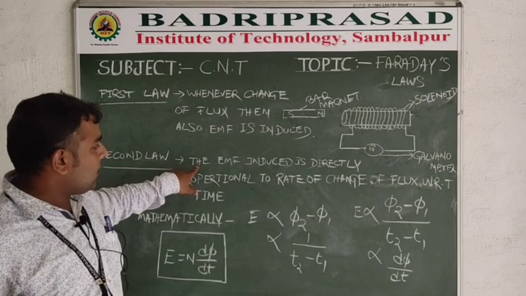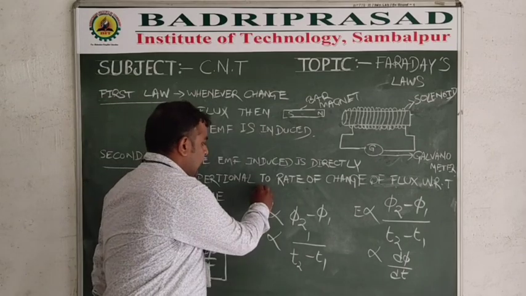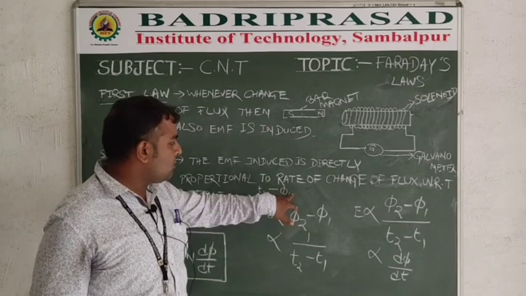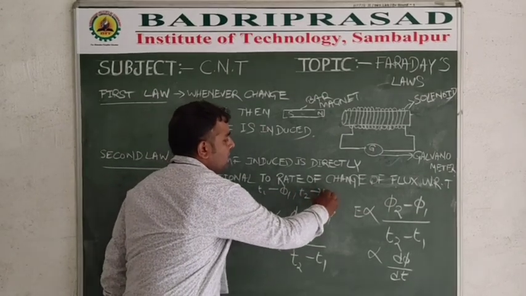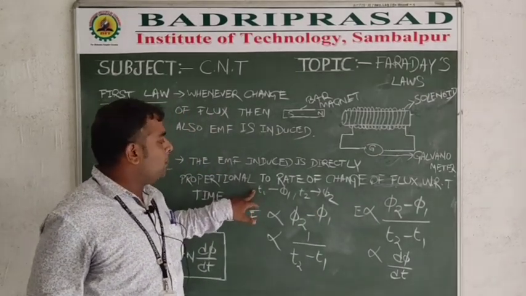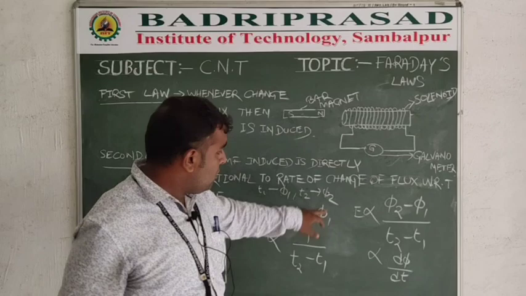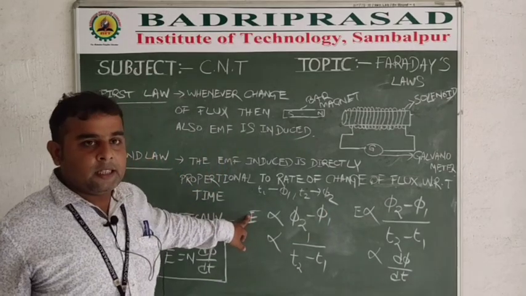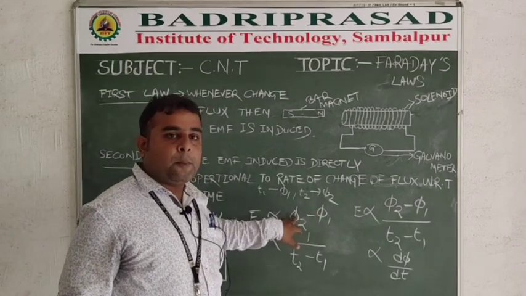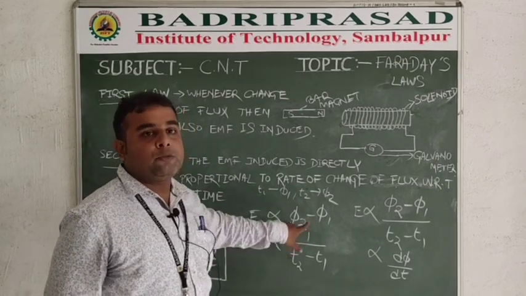Let's consider that at time T1 the flux linked is phi1, and at time T2 the flux linked is phi2. So according to Faraday, the induced EMF E is directly proportional to phi2 minus phi1, the change of flux, and inversely proportional to the change of time, that is 1 by T2 minus T1.